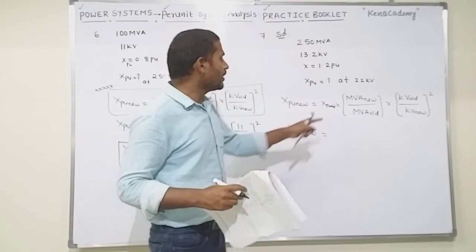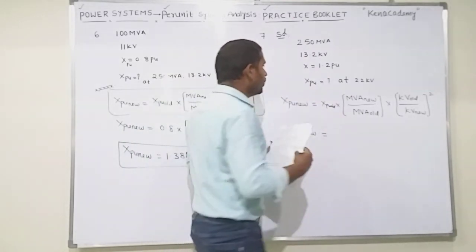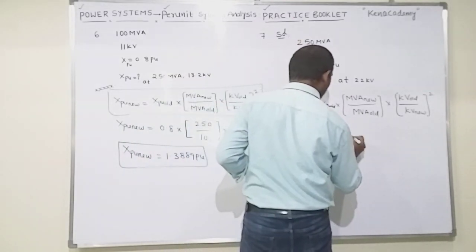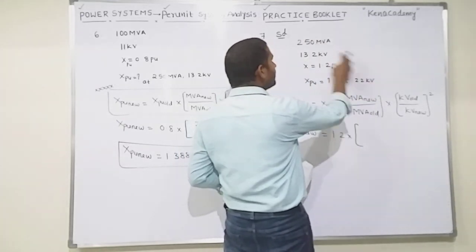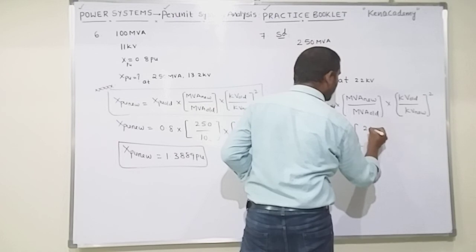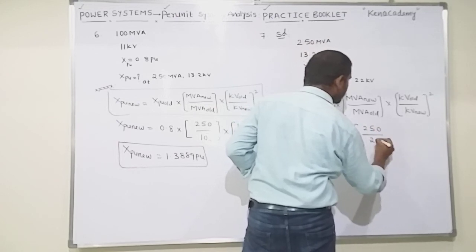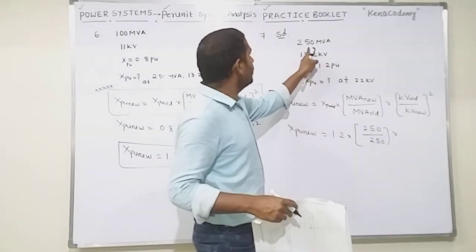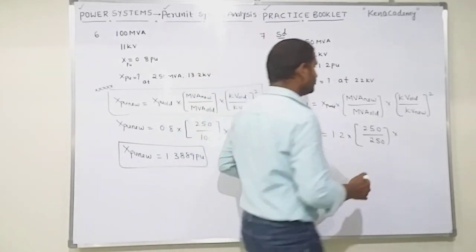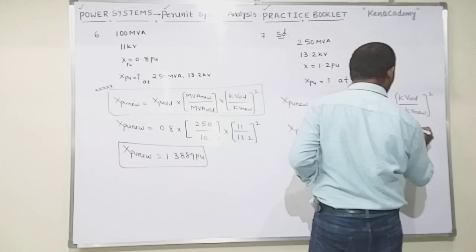What is the X per unit old? 1.2 into, what is the MVA new? MVA new is not given, take the previous value only. This is 250 by 250, into kV old, 13.2 kV.